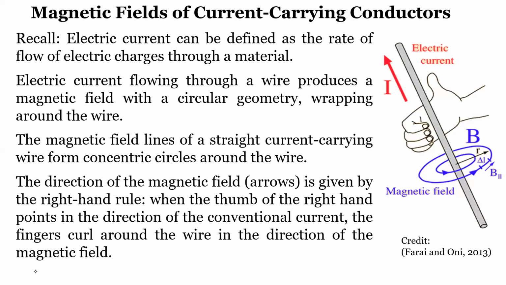Since motion of charges implies the manifestation of a magnetic field, the flow of current should be accompanied by both an electric field and a magnetic field.